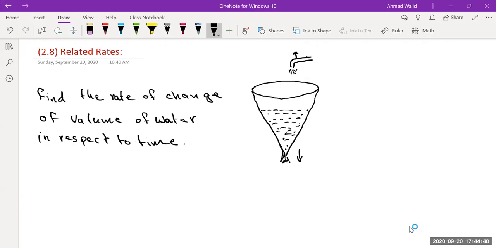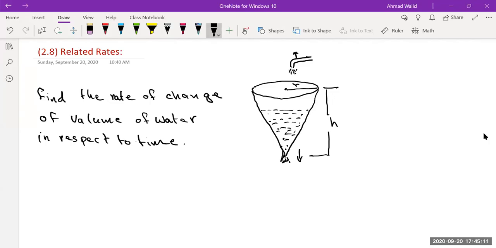A few things to see here, and easily you can see with your shape. First of all, I have a cone shape. This cone has a height, which I can represent with H. Of course, this cone has a radius.